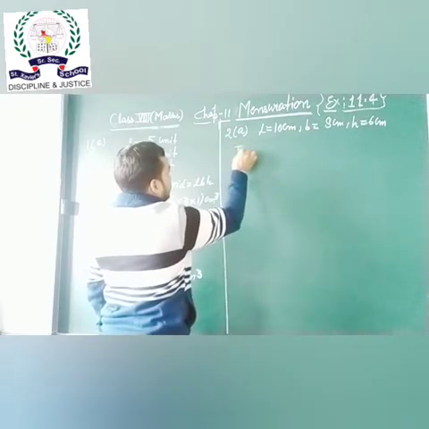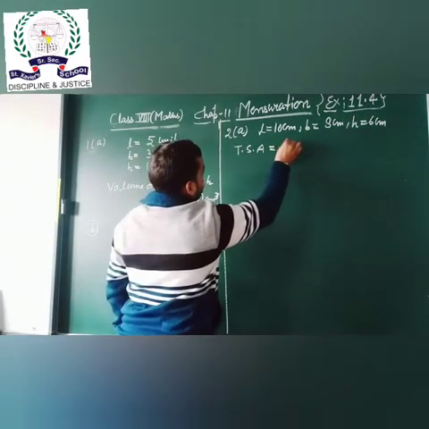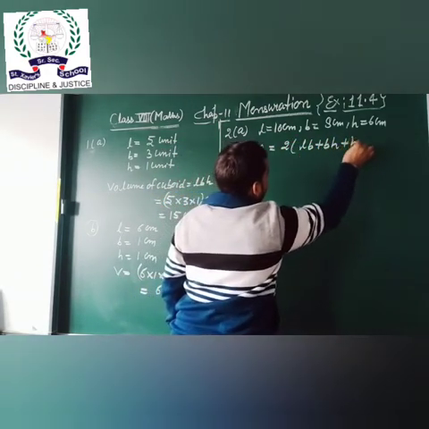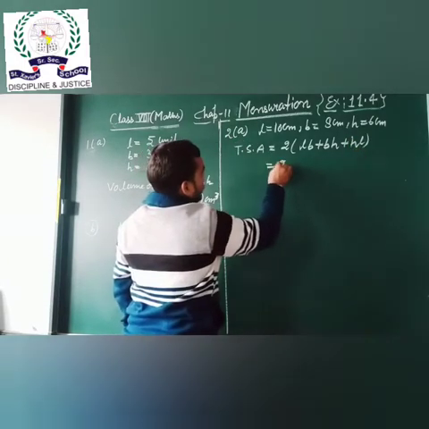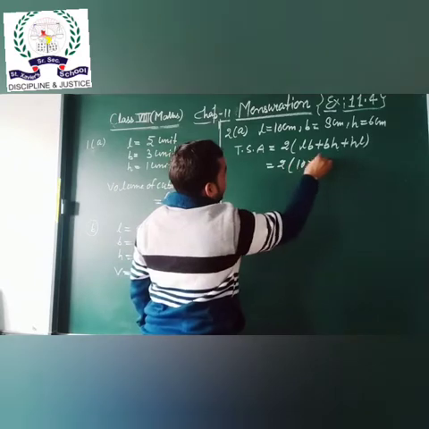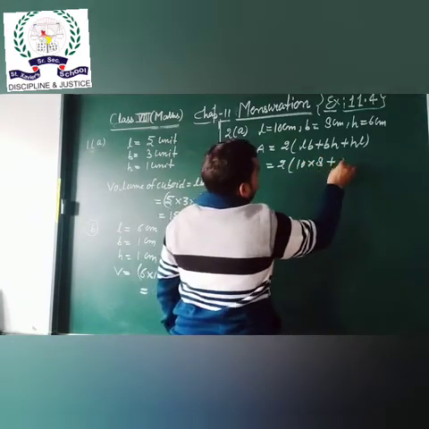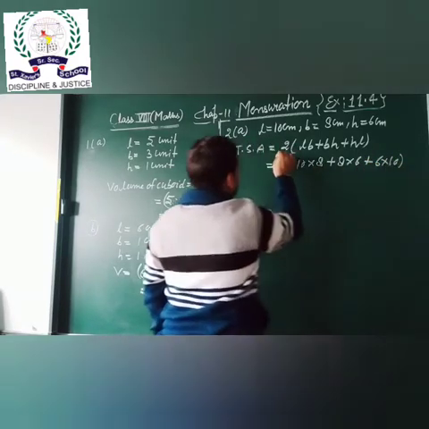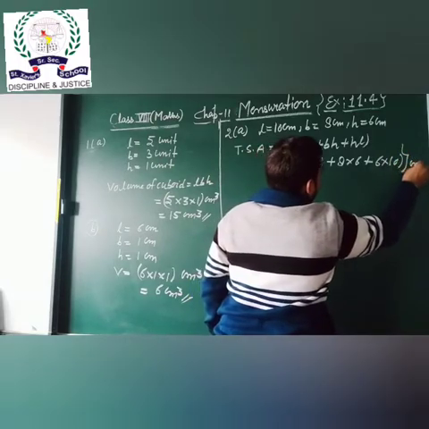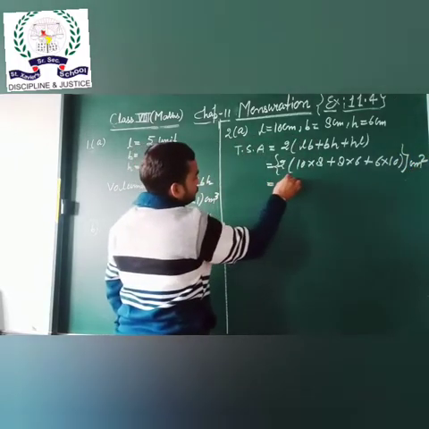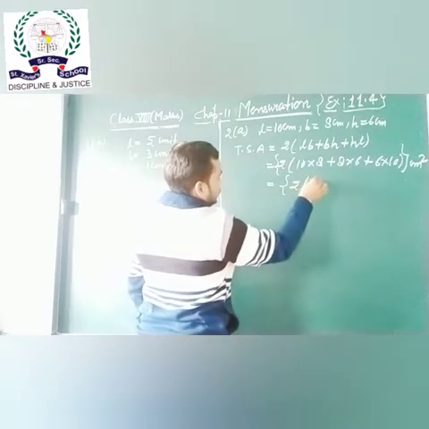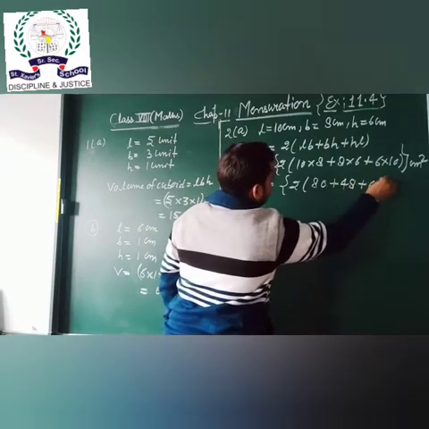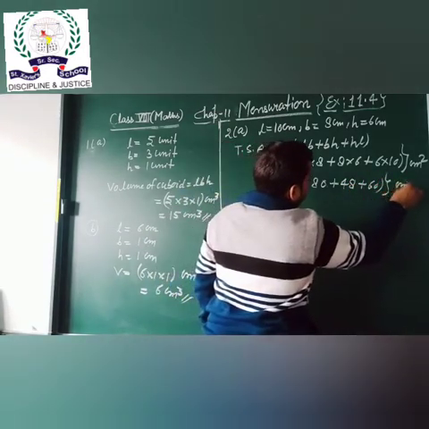So first one, total surface area equals 2 bracket LB plus BH plus HL. So 2 bracket L 10, B 8, plus 8 into 6 plus 6 into 10 centimeter square. 10 into 8 is 80, plus 8 into 6 is 48, plus 6 into 10 is 60 centimeter square.